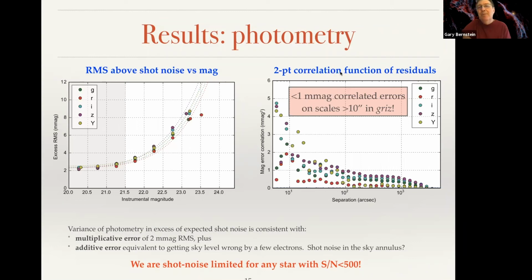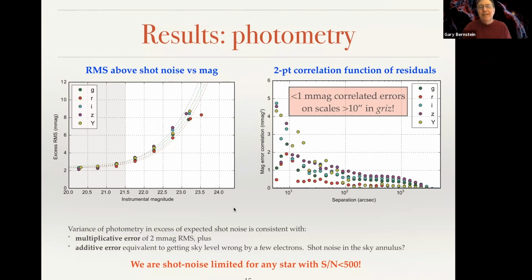And if we do a 2-point correlation function, we can see that any kind of photometric error with a correlation length of more than about 10 arc seconds is down also at about 1 millimag. Notice this is a correlation function, so it's square millimags.